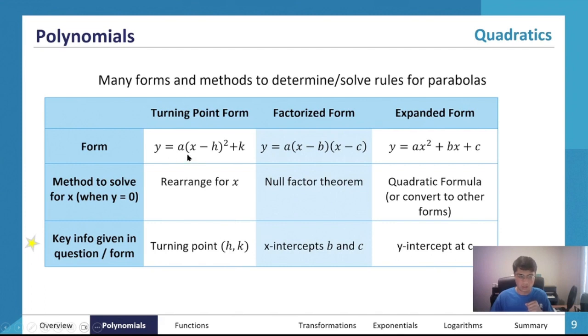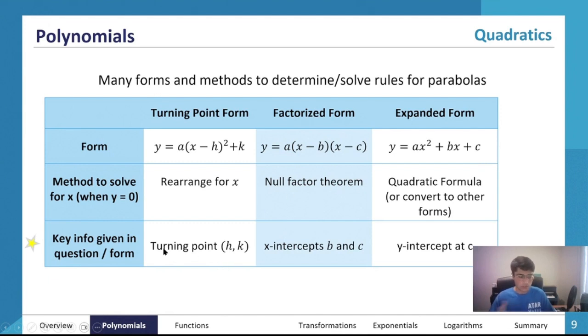So if this was y equals a times x minus 3 squared plus 4, then our turning point is 3 and 4. Factorized form looks a bit like this. The face value information that it gives us is the x-intercepts, b and c. And then expanded form gives us the y-intercept, which is the value c.